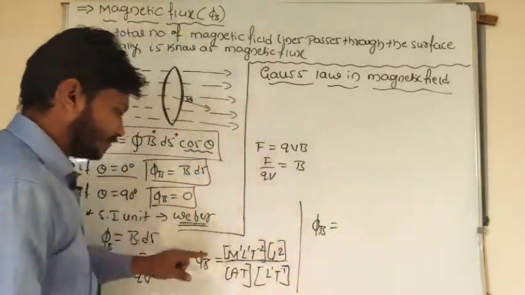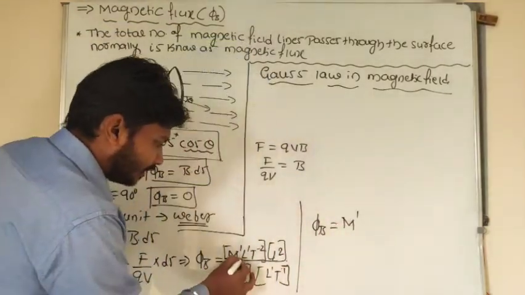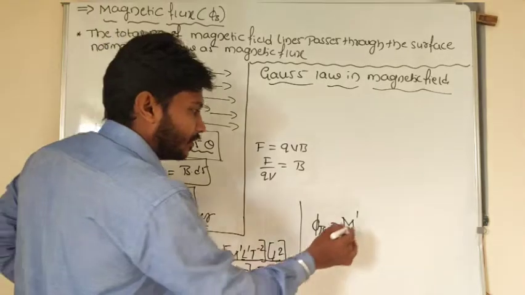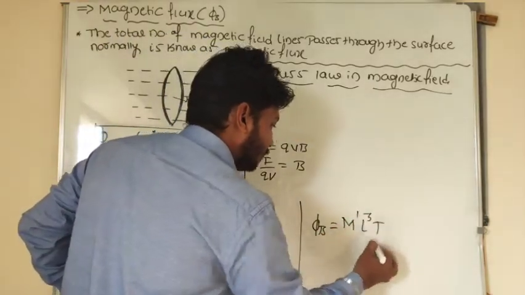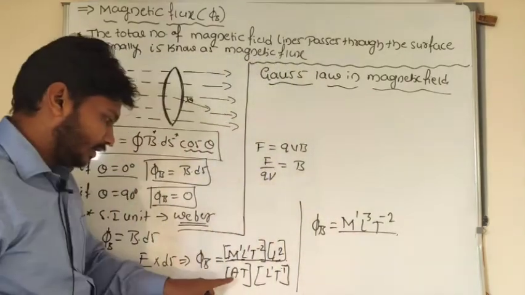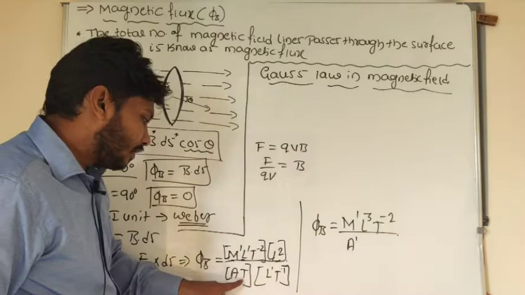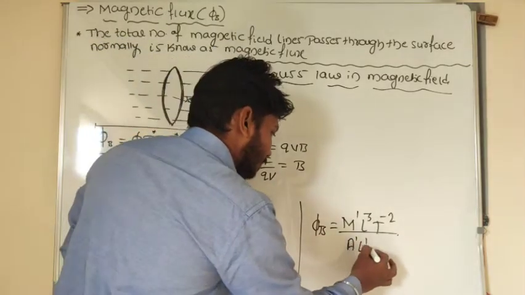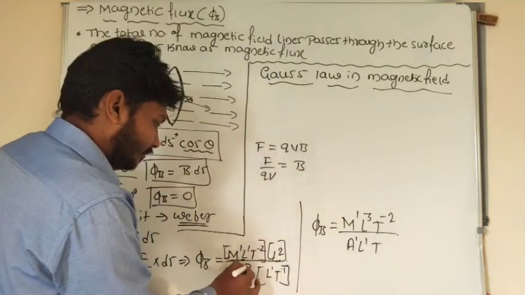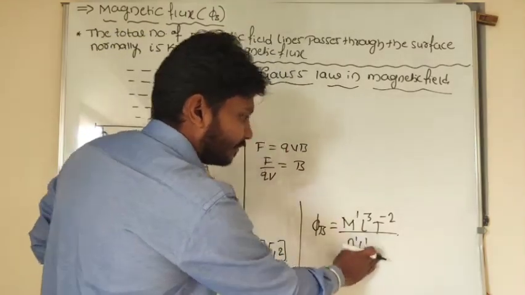Phi of B is equal to M1 as it is. Look at here, L to the power of 1, L to the power of 2, L cube I can write, T to the power of minus 2 in the denominator, A to the power of 1. Look at here, L to the power of 1, T to the power of plus 1 minus 1, so this is 0 here.